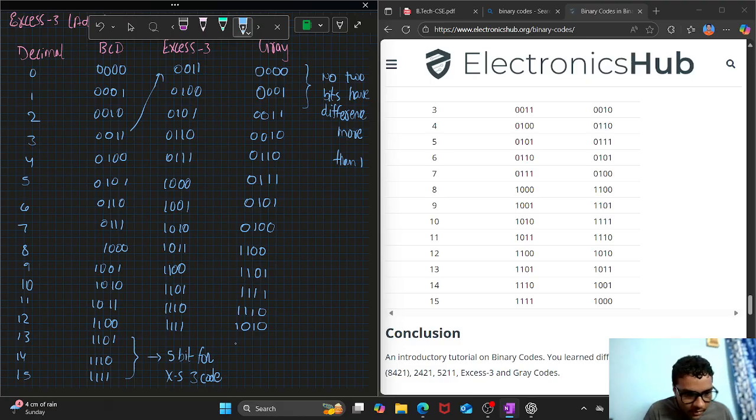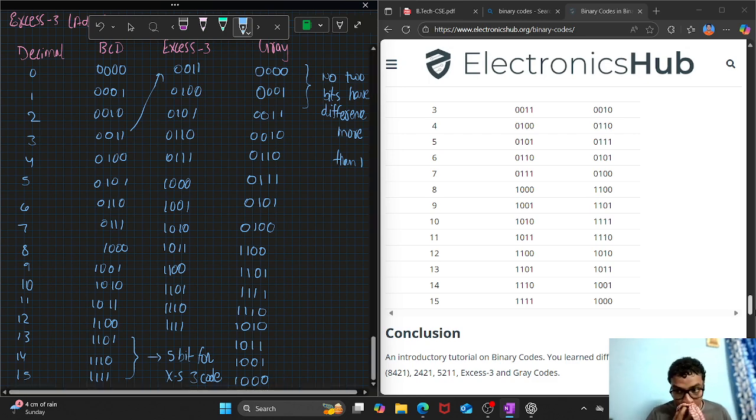And for 13, 1, 1 plus 1 is 0, 1 plus 0 is 1, 0 plus 1 is 1. For 14, 1 plus 1 is 0, 1 plus 1 is 0, 0 is 1. Oh my god. For 15, 1, 1 plus 1 is 0, 1 plus 1 is 0, 1 plus 1 is 0. So this is how you do the gray code.